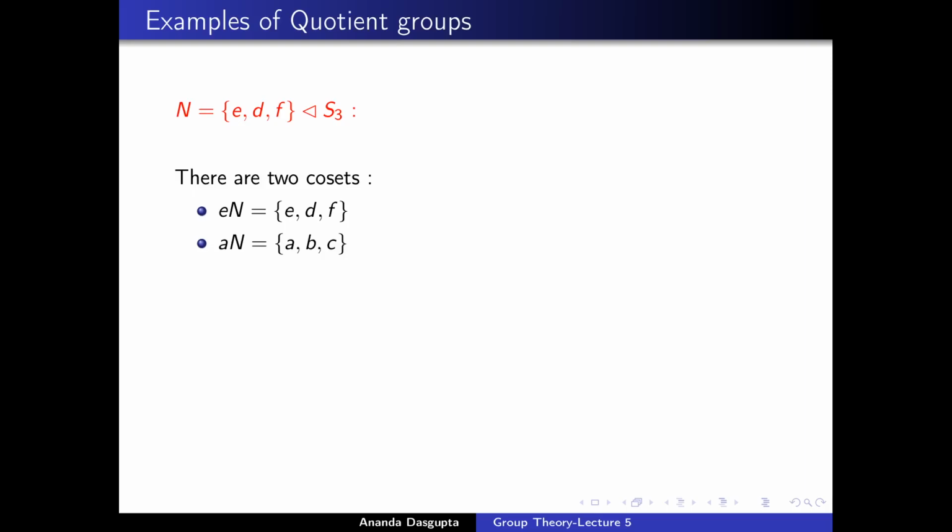EN is of course N itself, EDF. By the way, you could have labeled it equally well as DN or FN. And AN has the elements A, B and C, and it could have been labeled either AN or BN or CN. But let us stick to EN and AN here.